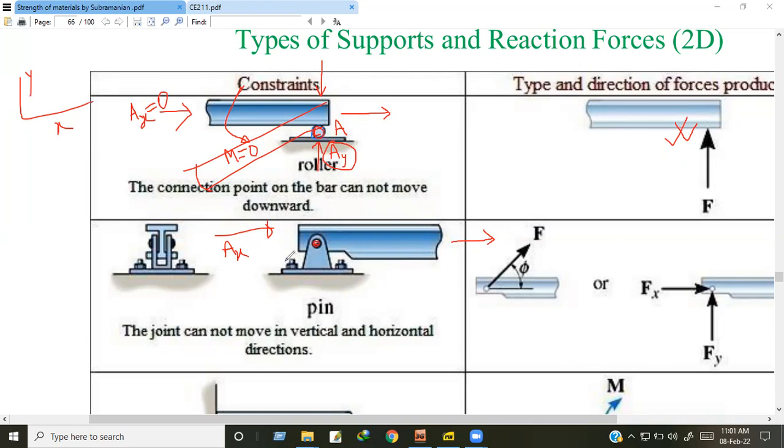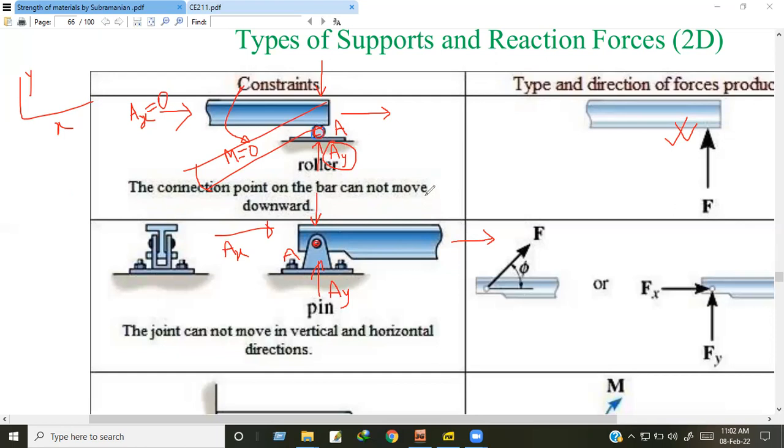If I provide a support A here, then if I apply the force in the vertical direction, it will carry a vertical force in the y direction. That means a reaction force in the y direction will be produced.